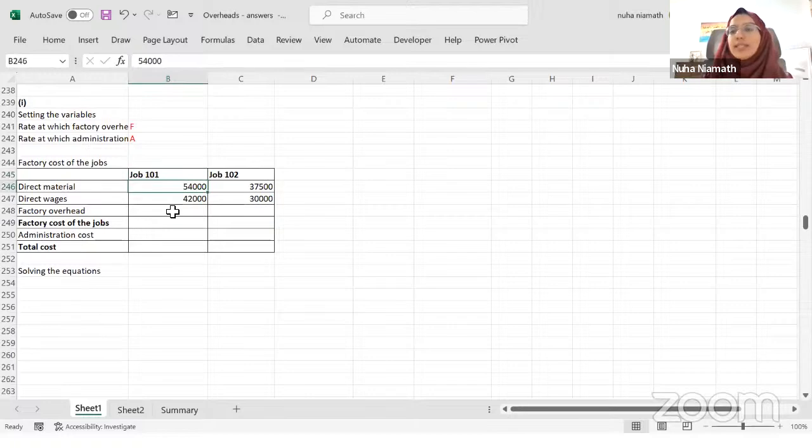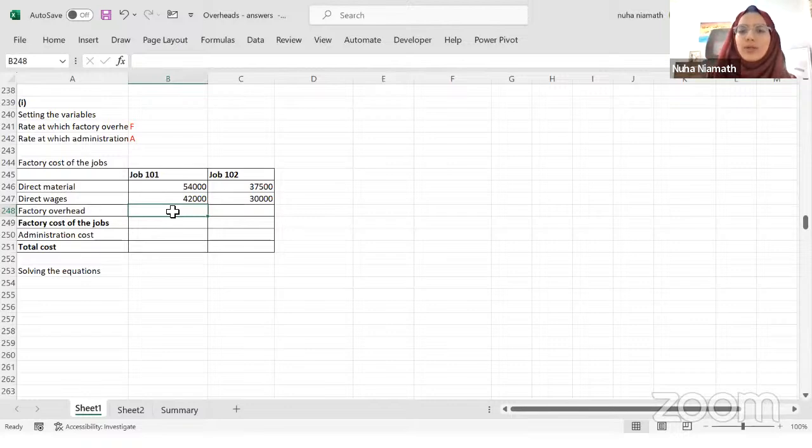Now let's proceed with calculating F and A. How do we do that? We know that factory overhead is a percentage of direct wages, right? By the way, direct material and direct wages are given in the question, so I'm proceeding directly to the factory overhead. For job 101, direct material is given to be 54,000. Direct wages is given to be 42,000.